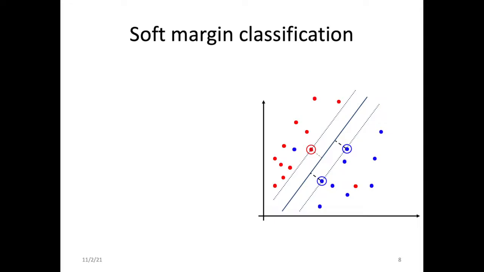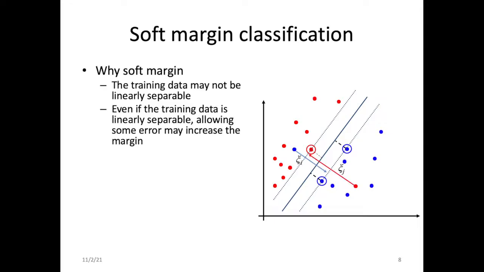This is called a soft margin classifier, which means that now we don't assume that all the data points can be linearly separated. Even if they cannot be linearly separated, we can still apply the concept. We want to maximize the margin, and we allow some mistakes, and the mistakes are not equally weighted.